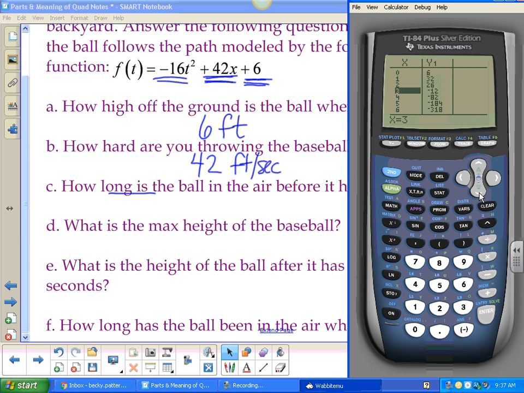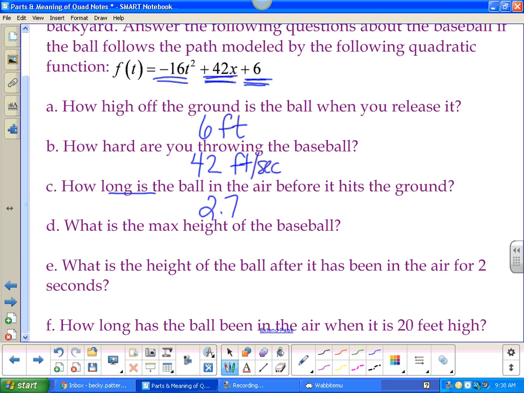So it's happened somewhere in between 2 and 3. So I'm going to go to my table set. I'm going to start it at 2 because I know it happened somewhere in between 2 and 3, and I'm going to go 0.1. And I'm going to go back to my table, and let's see if we can fine tune this and see a little bit more exactly as to when it hits the ground. So we're going to go 2.7, as close as we can. 2.7 seconds.